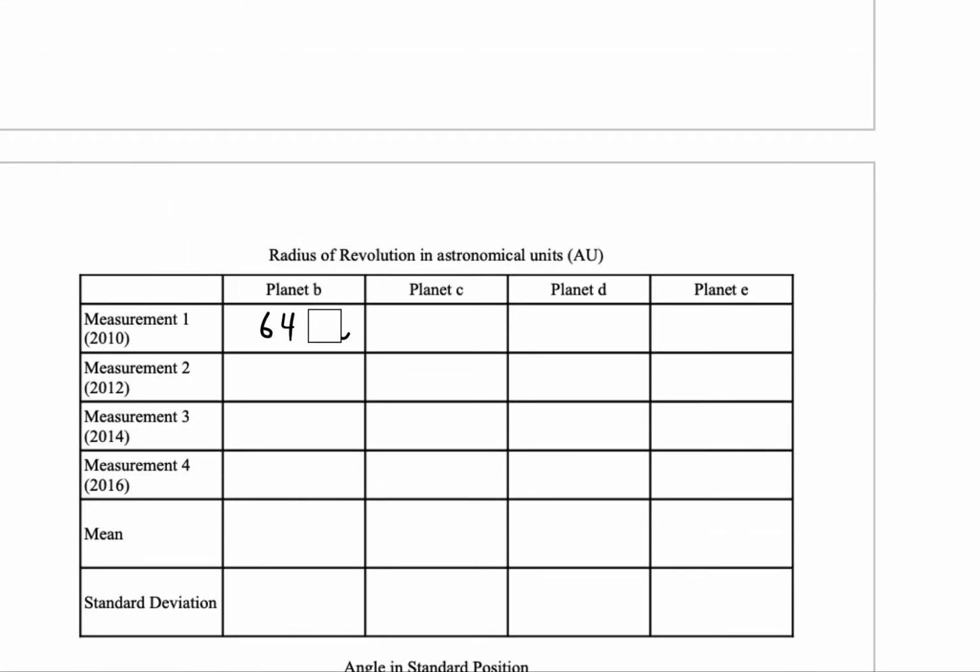Alright, so I'm going to throw another sig fig on there just to be a little more precise. 64.0 AU, and now we got 63.9 AU. So you just keep doing that for each image. And that'll do it.